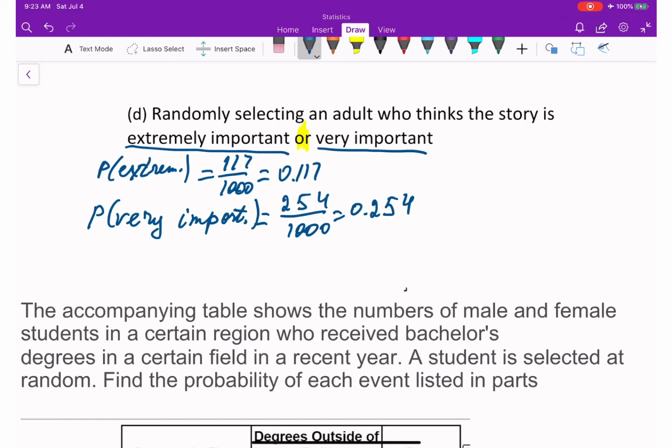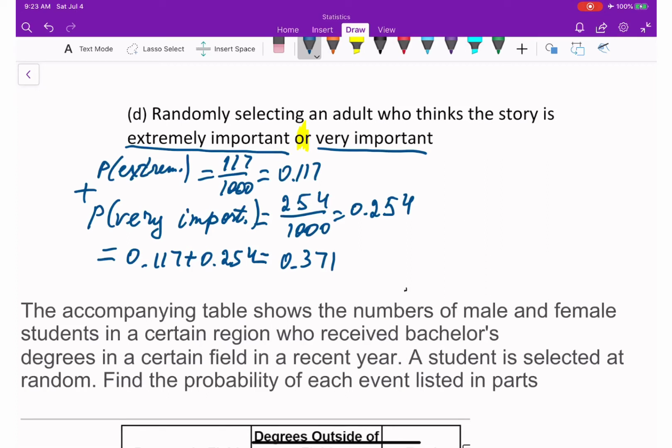So if we add them up, we will get 0.117 plus 0.254, and that would be equal to 0.371.